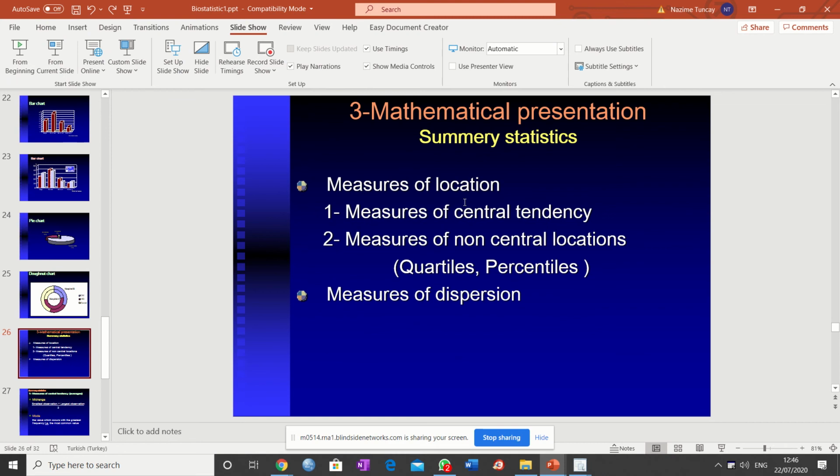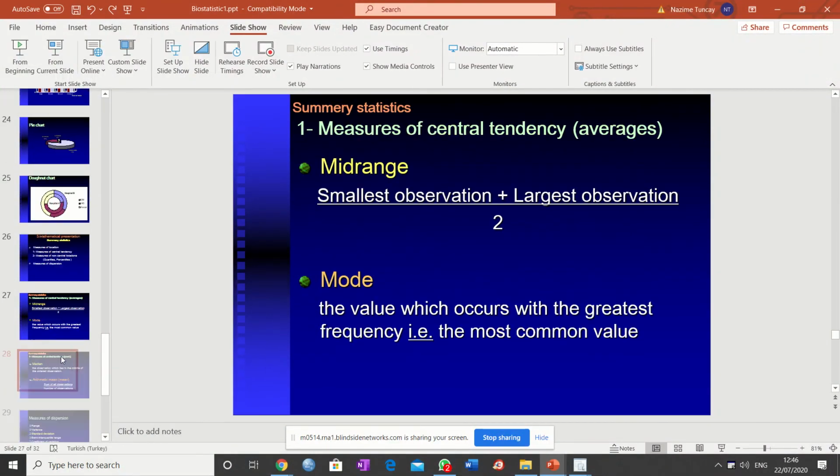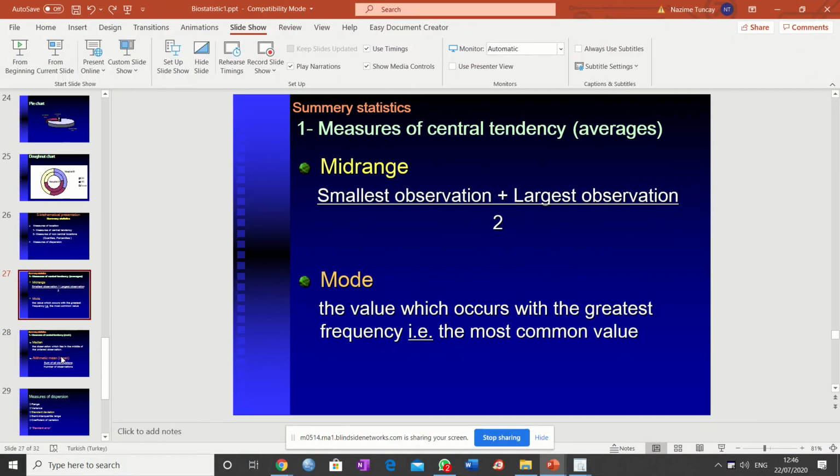So yes, there are lots of different representations. We are going to see some definitions. Mid-range: the smallest observation plus the largest observation divided by 2 is the mid-range. These are just terms that we use in statistics.